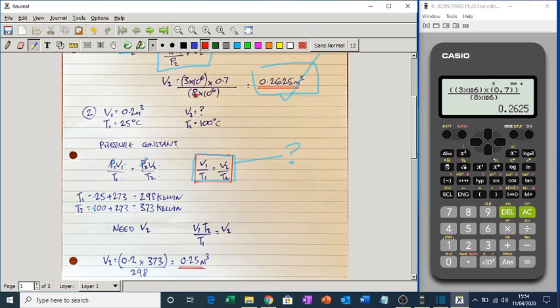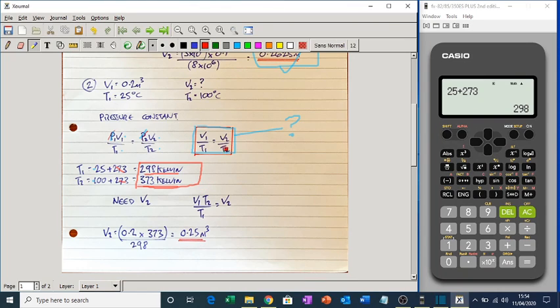And to do that, we add 273. So 25 plus 273, shouldn't need a calculator really, 298 Kelvin. And then 100 plus 273 gives me 373. So they're the numbers we're going to be using, because we've got to have it in the right units.